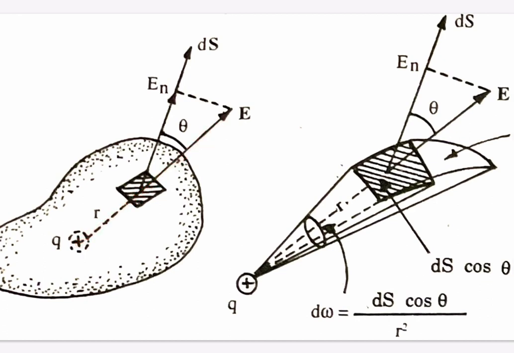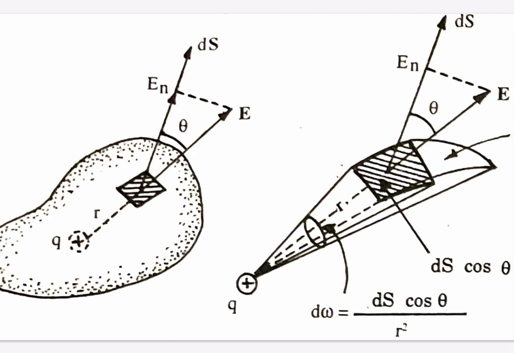Now let us consider a small area ds of the surface for which E can be considered to have the same magnitude and direction.